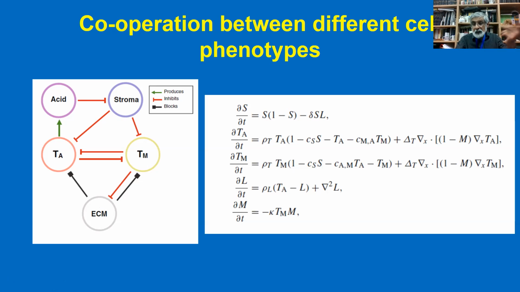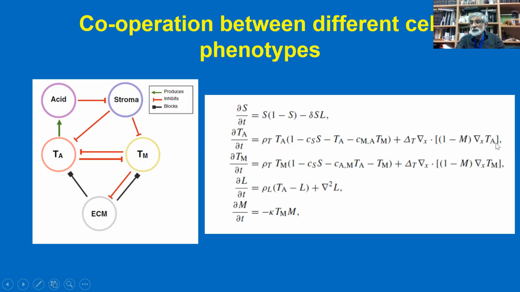Then what happens? So here's an equation, a pretty obvious sort of equation. Stroma cells, logistic growth, I mean, this has all been normalized. This is lactic acid. It's produced by the acid cells, and it kills the stroma. The acid cells, these are all competition, Lotka-Volterra competition.